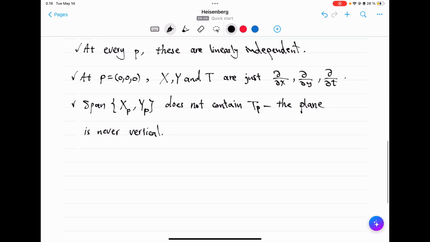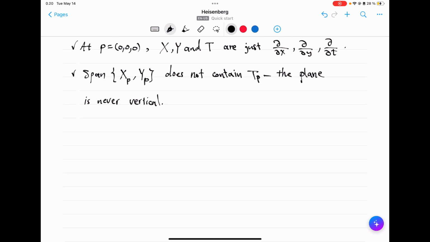There is a special name we give to this span of the two vectors xp and yp. So xp and yp will be the distinguished vector fields here, and t will often be treated very differently.